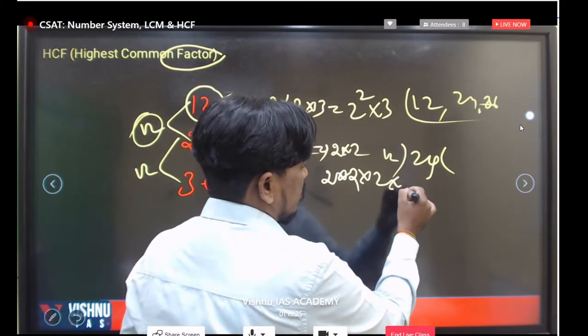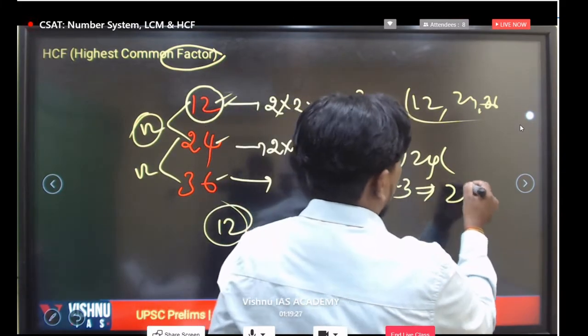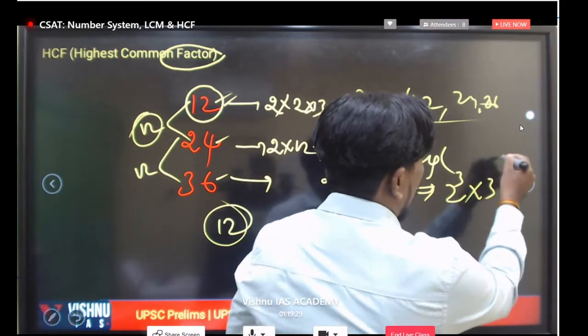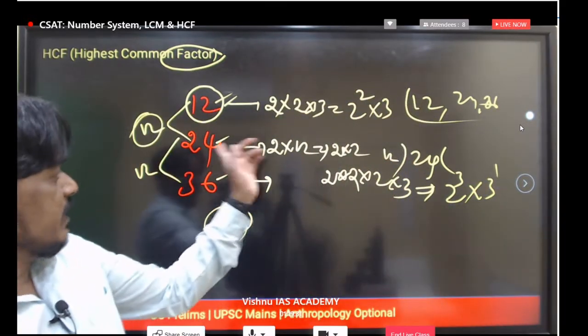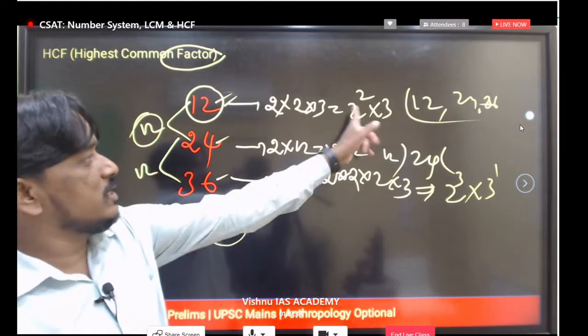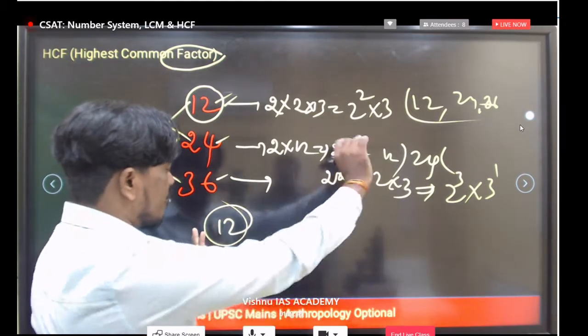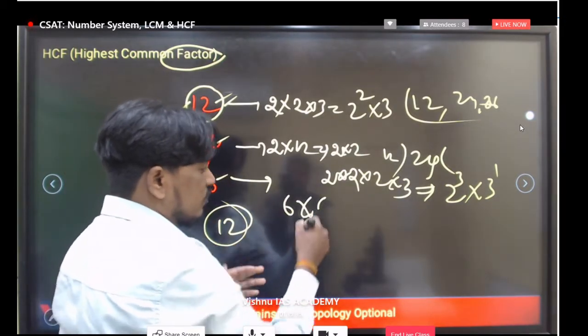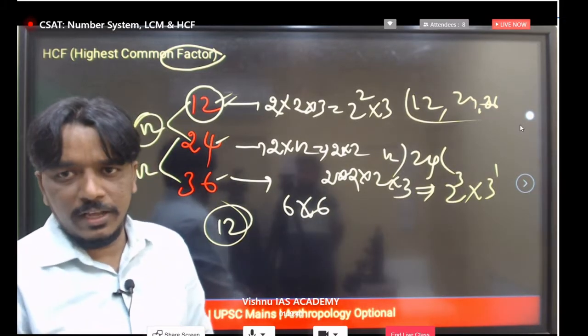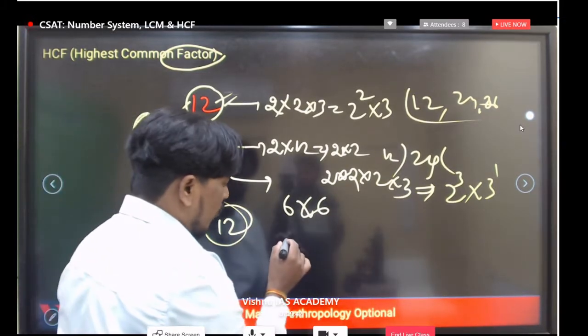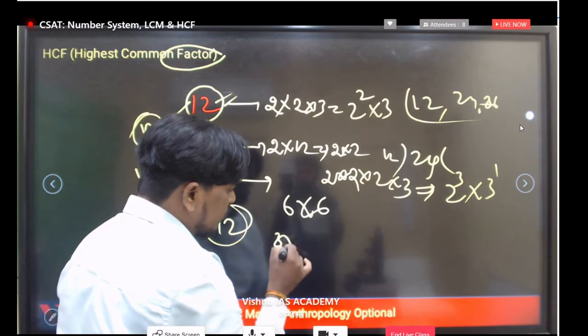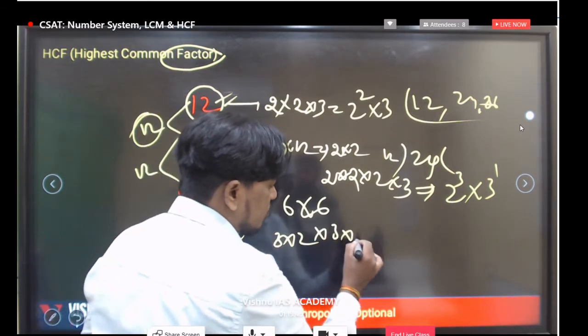Again 2 into 3. In total how many are we getting? 2 power 3, and 3 how many times? Only one time. This is the prime factorization for the second number. And the third one is 36. Clear? If you take 6 here, what can we do? 3 into 2, again 3 into 2.